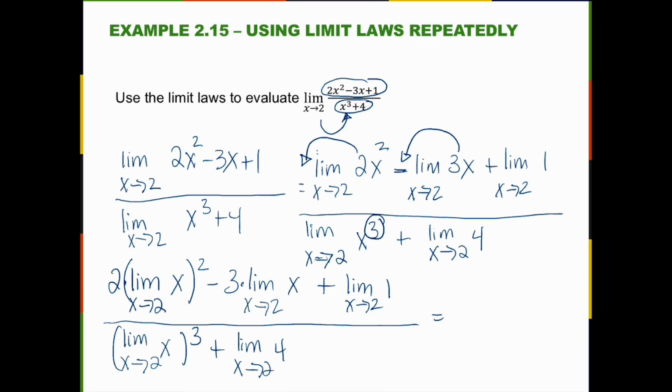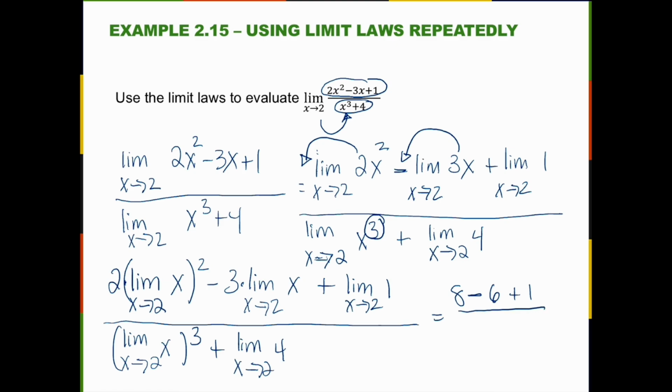So if I find the limit as x approaches 2 of x, looking at the numerator, that's going to be 2, and then I can square 2, which is 4, and then I have the 4 times the 2 that's in front, that gives me 8. All right, then I'm going to subtract, when I plug 2 in for x, the limit as x approaches 2 of the linear function x, I get 2, and then I get 2 times 3, which is 6.